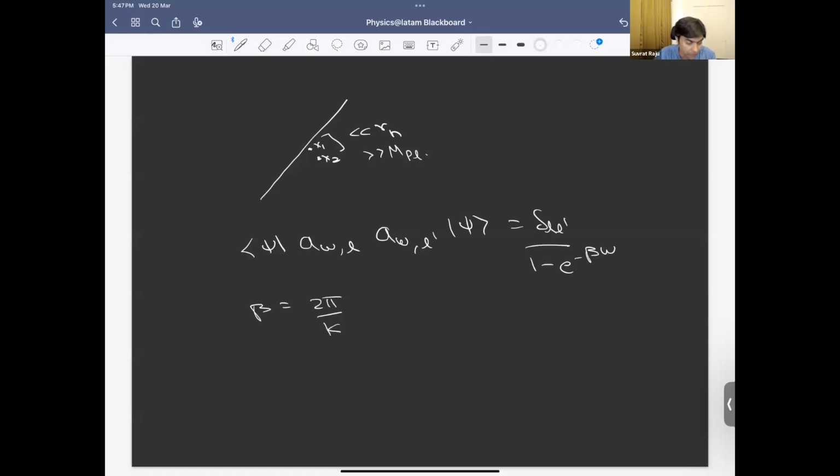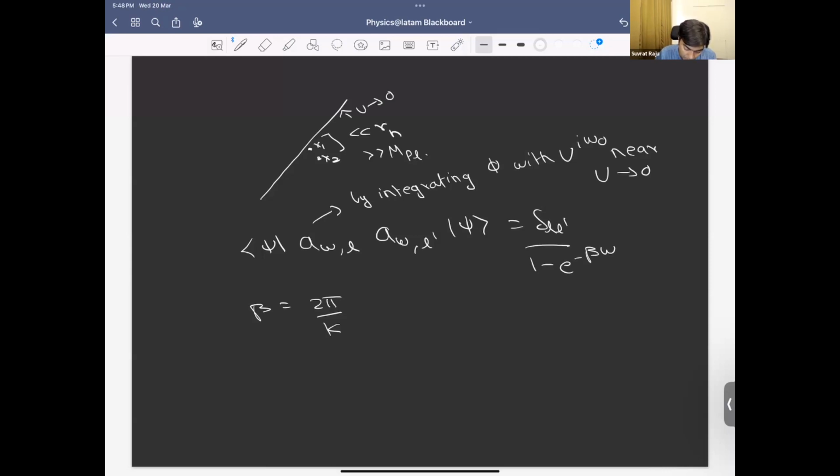This kappa was some term which is called the surface gravity. How were these modes A, omega L defined? These were defined by integrating phi with u to the i omega naught, where omega naught was related to omega by a factor of kappa that I explained last time, near u goes to 0.